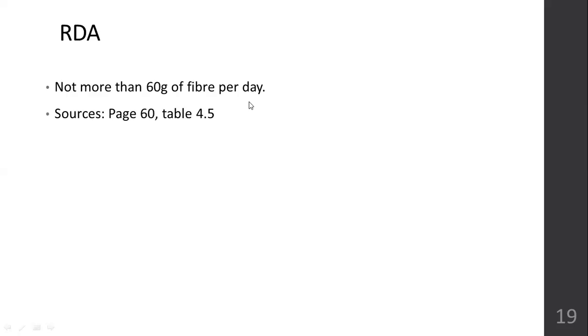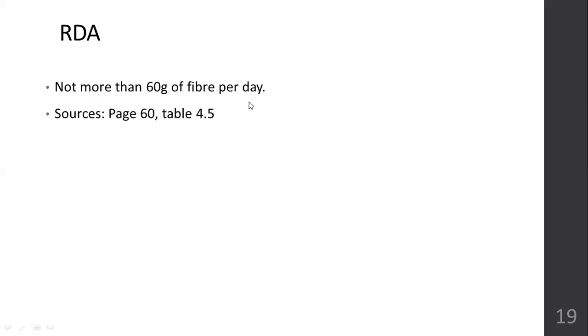That should be the target. It does not mean that your nutrient level should go down, and that can happen with too much fiber intake. So not more than 60 gram of fiber per day.